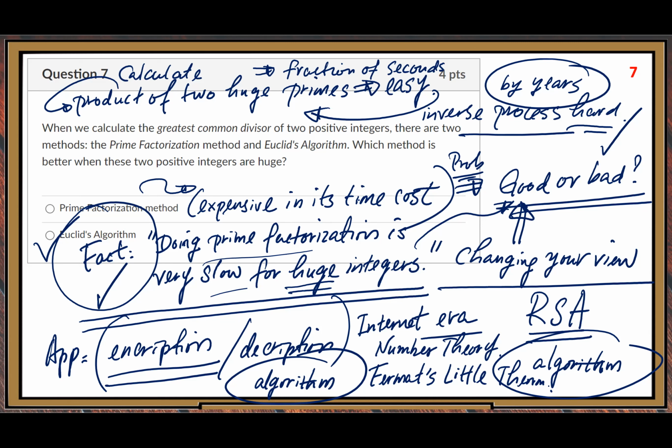And by Fermat's Little theorem, if you know the key, but you need to know the key, right? Because encryption, decryption, you need to have some key. So they send the key to the receiver side.